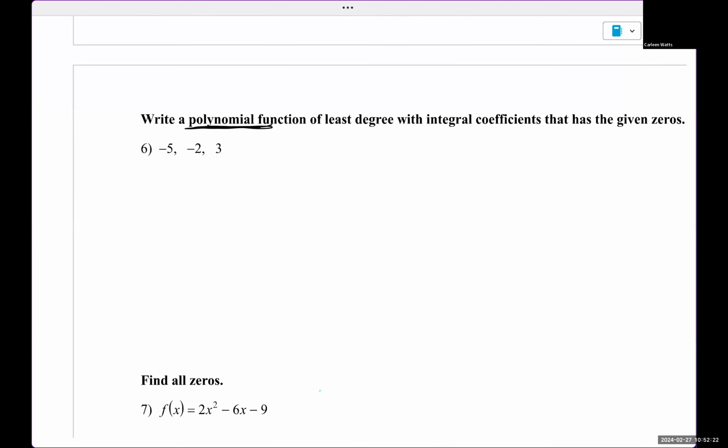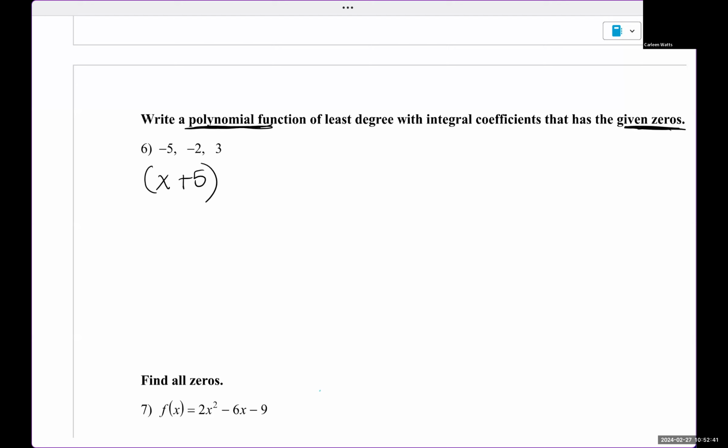Okay. Polynomial. Yeah. These are the solutions or zeros. So if the 0 is -5, the factor is x plus 5. Yeah, we're doing the opposite sign.